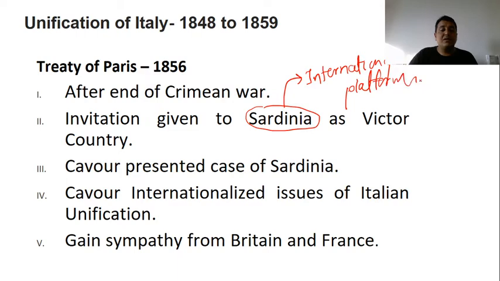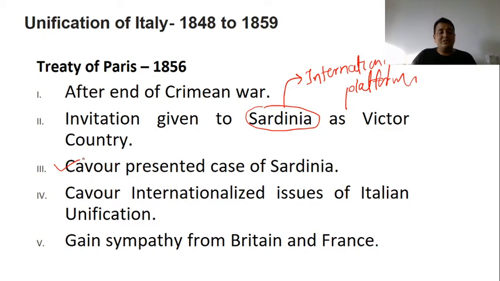Cavour doesn't want to miss this opportunity. As I mentioned, Cavour, who was he? He was a chief minister as well as a diplomat. He was a sharp, shrewd person, so he doesn't want to miss this opportunity. And that's why when he got the opportunity, he went to Paris as the representative of Sardinia.